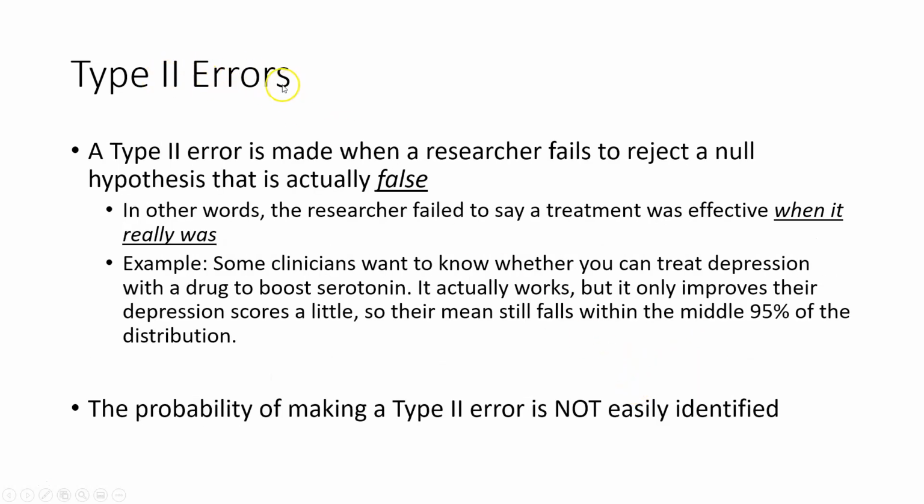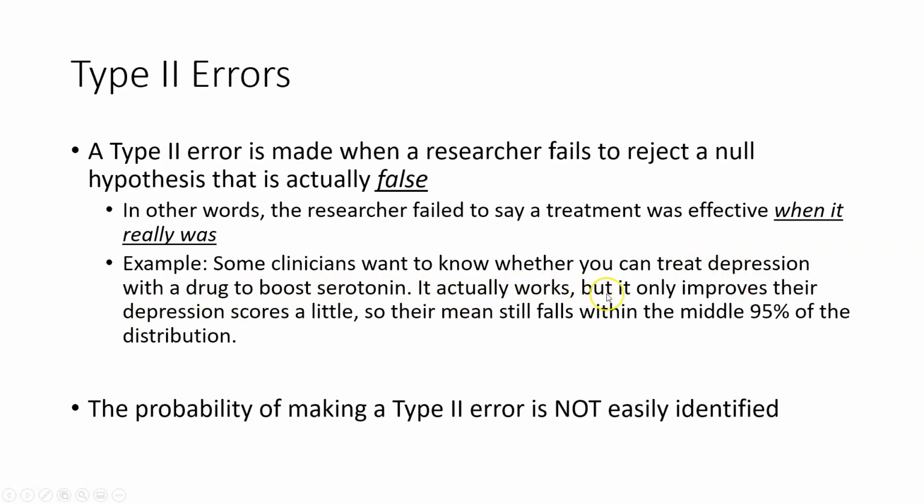Type 2 errors are the opposite. It's when a researcher fails to reject a null hypothesis that is actually false. So, in other words, the researcher failed to say a treatment was effective when really it was. An example of this is some clinicians want to know whether you can treat depression with a drug to boost serotonin.